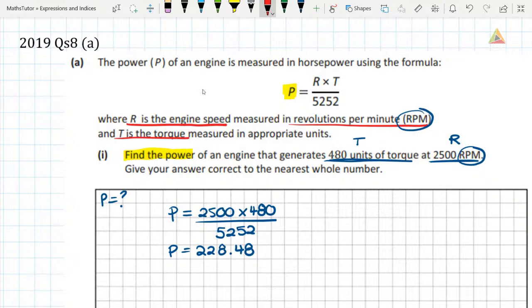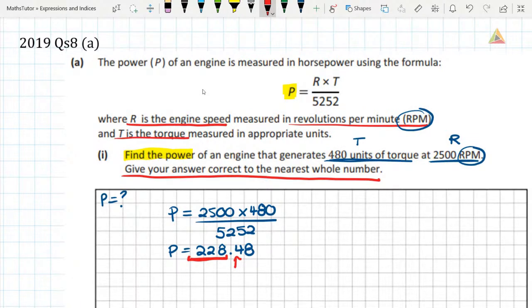So the question says, give your answer correct to the nearest whole number. When I want the nearest whole number, we want nothing after the decimal point. I need to look at the digit just after the decimal. If that's a 0, 1, 2, 3, or 4, I leave the number in front of the decimal alone.